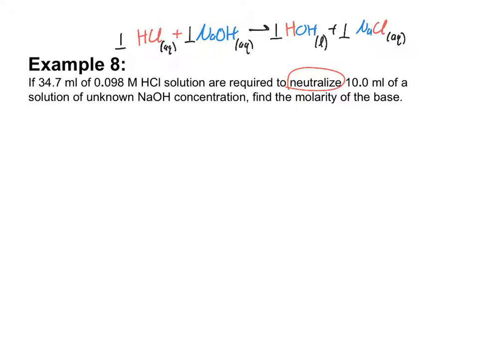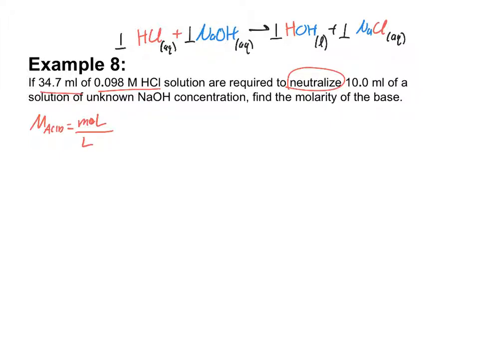So the other way says that in this case, because I know the volume and the molarity of my acid, I can calculate moles of acid. So I'm going to take molarity of acid is equal to moles over liters.